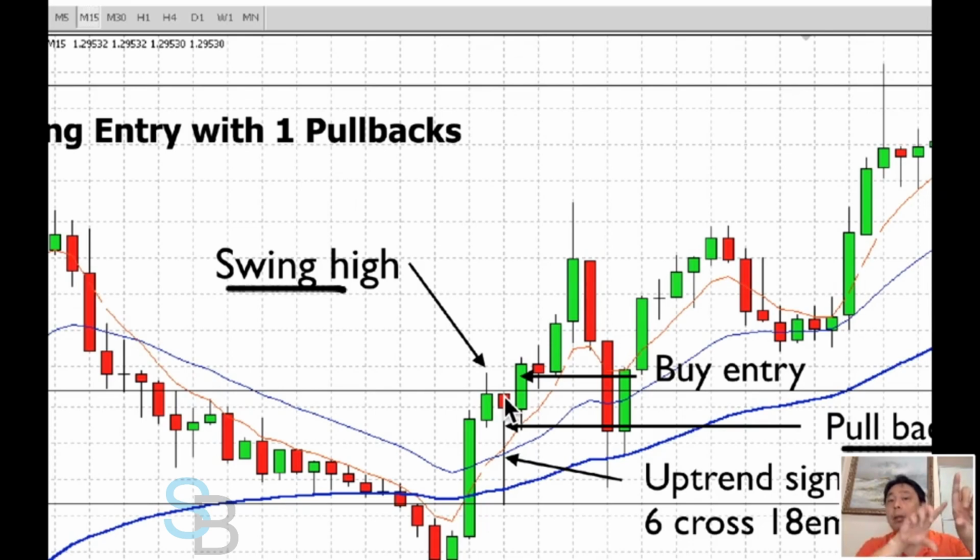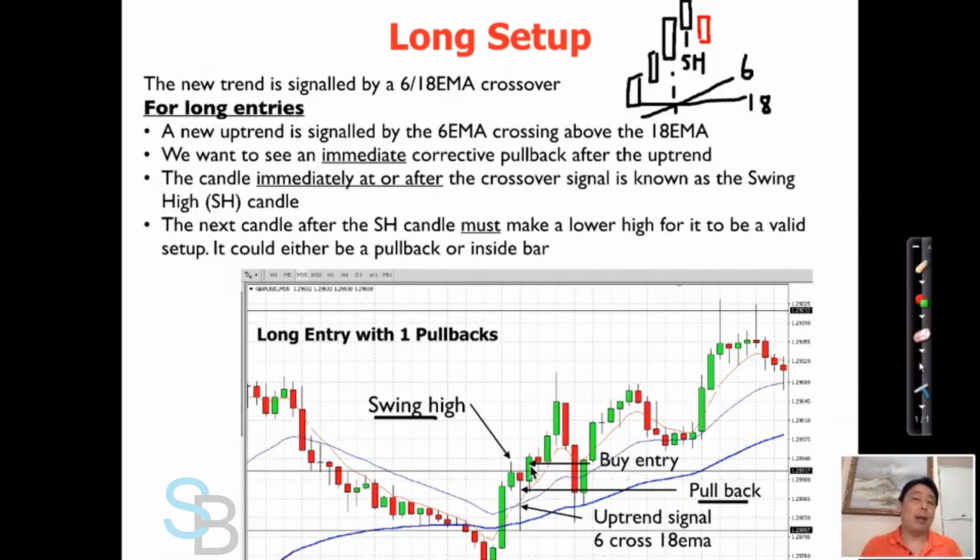of the pullback candle or the inside bar candle, all right? So the buy order will be just above, at a specific round pip level. In this case, our buy entry is right above there. And what happens? The next candle goes above the high of the pullback candle, so it triggers our buy order and we are in the trade, we are long.